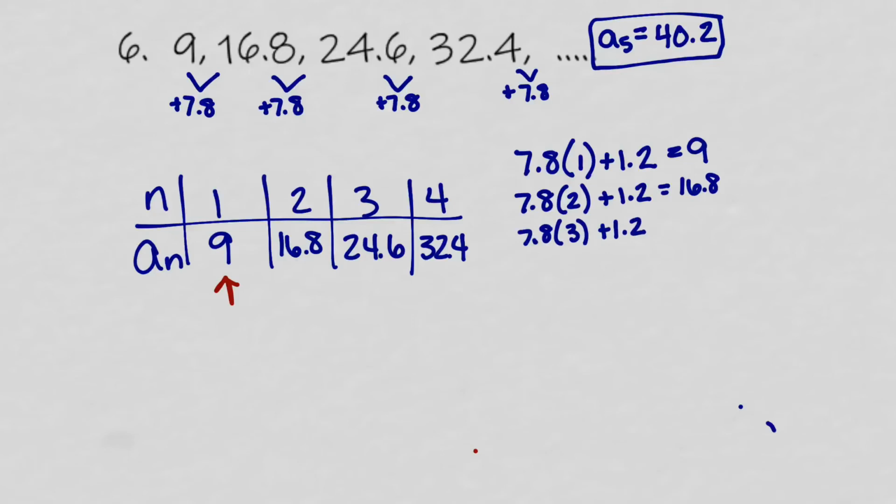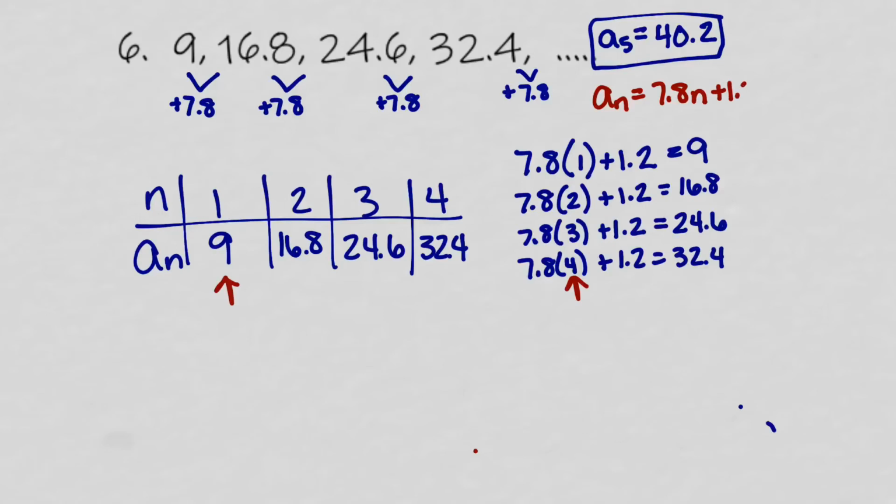Add 1.2, you do get 24.6. And then 7.8 times 4, add 1.2, and you get 32.4. So to write my rule for the nth term, it's 7.8 times n plus 1.2. And then that will get me any term in the sequence.